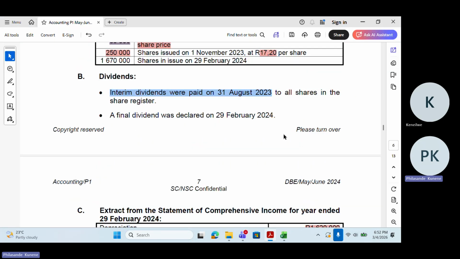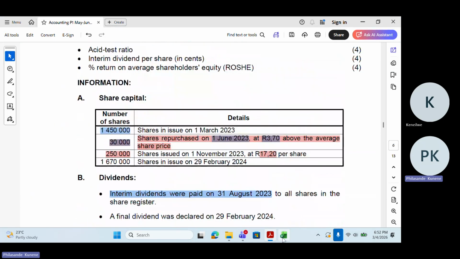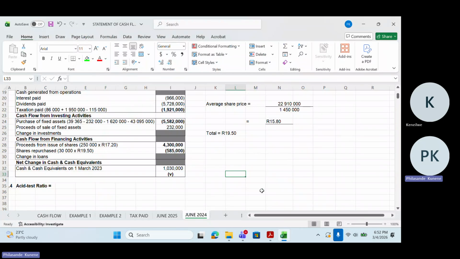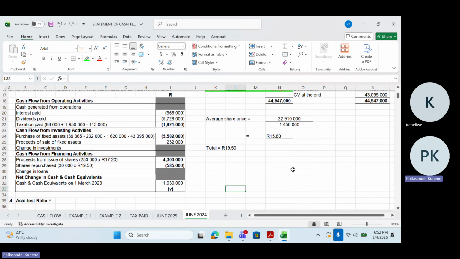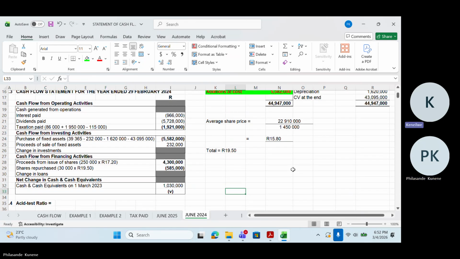The total, because you know why we're using the total here, because you remember that journal that I used to tell you about for when you buy back the shares. You still remember that journal entry for share buyback? The general journal entry.